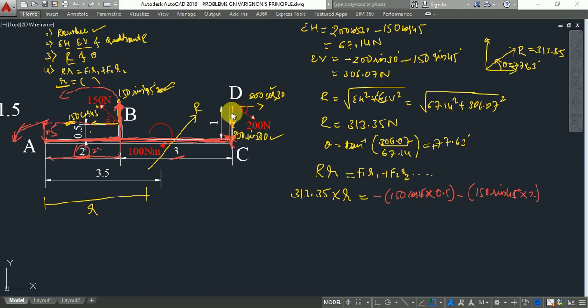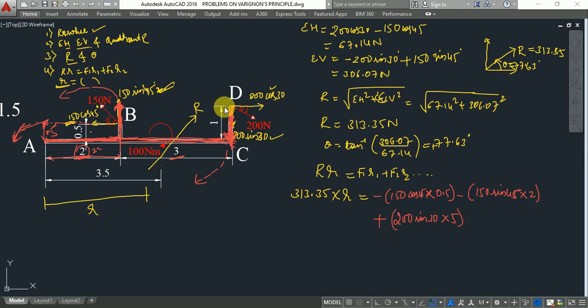Due to application of this force, the body starts to rotate in clockwise direction. So plus 200 sine 30 multiplied by 5.